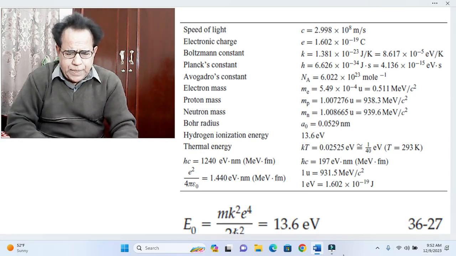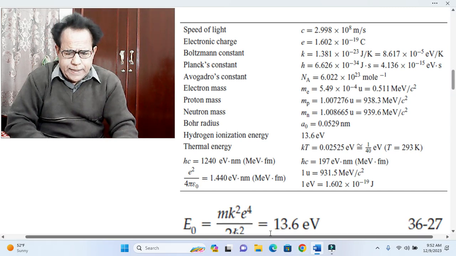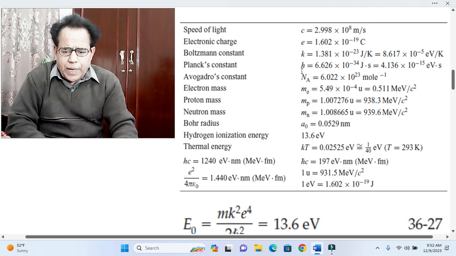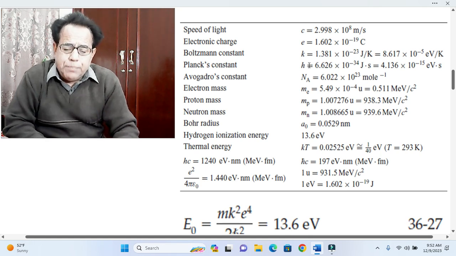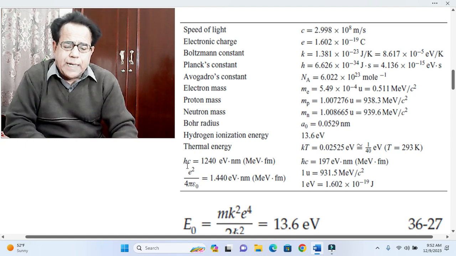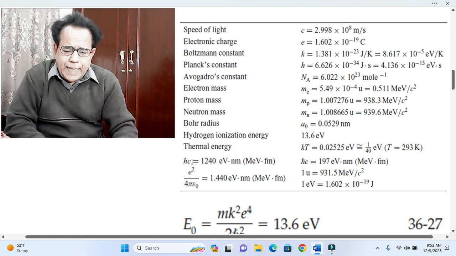For example, here the value of c, speed of light, is given. Similarly, the value of Planck's constant h is given. Moreover, the combined value of hc, after multiplying h with c, is also given here in the second last row on the left column.